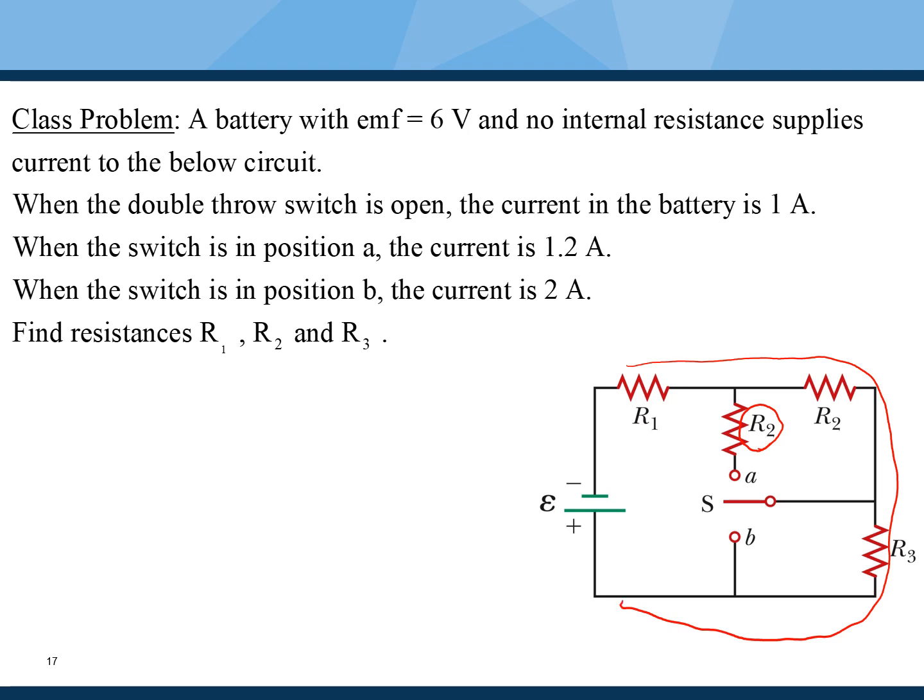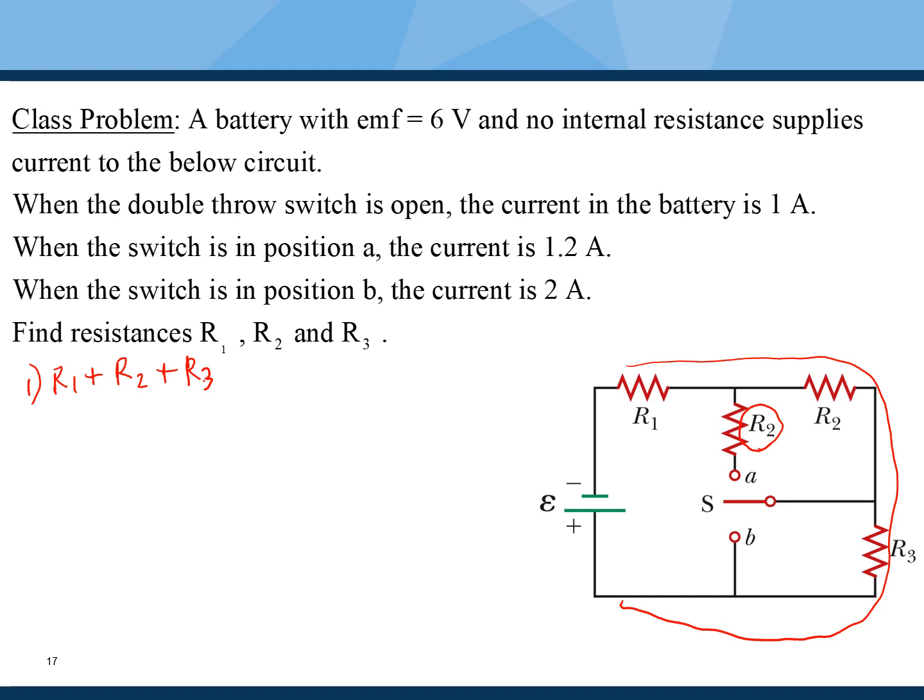So the resistors R1, R2, and R3 are in series, and for the first part, R1 plus R2 plus R3 gives us the effective resistance.